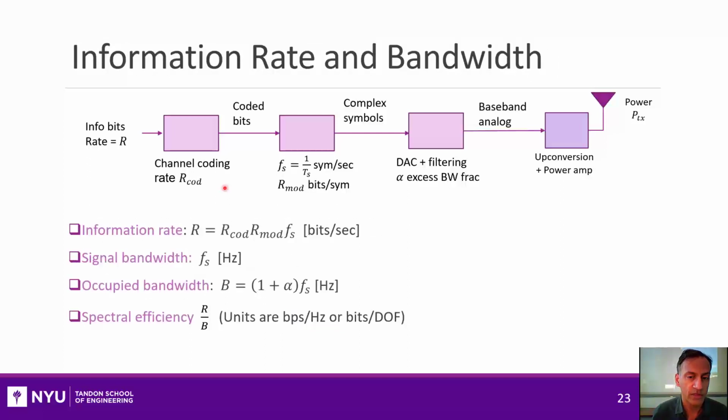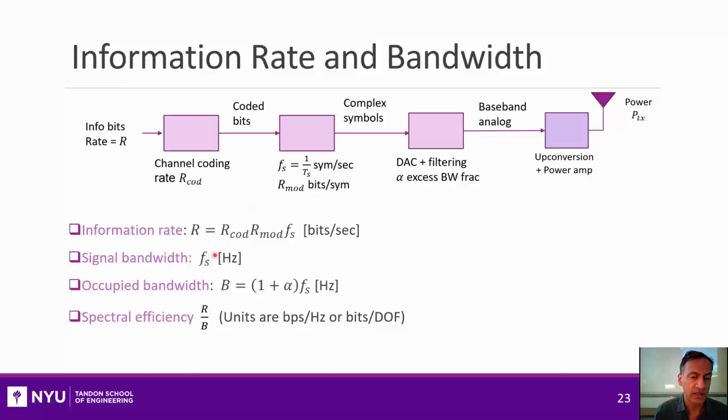Now, each one of these stages is typically characterized by different parameters. You have some information rate, which will be the product of the coding rate times the modulation, which is the number of bits per symbol, times the number of symbols per second. I'll give you many examples shortly so you get an idea of the typical parameters that we're dealing with.